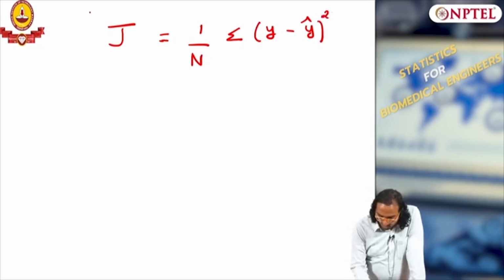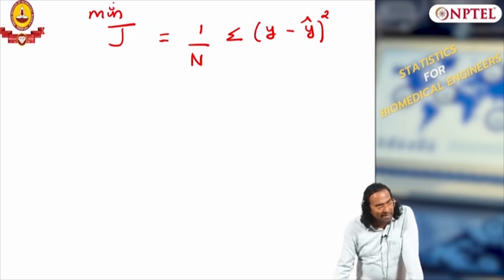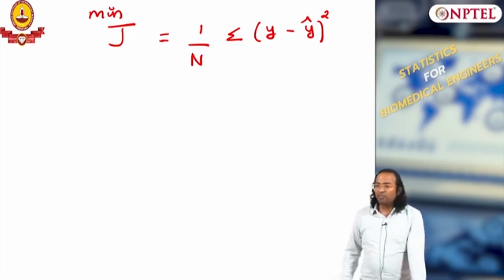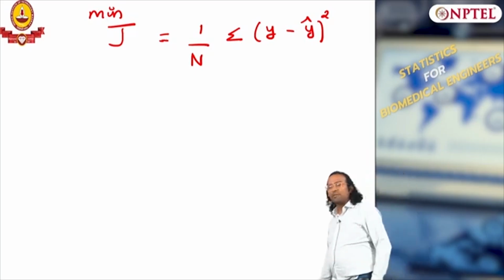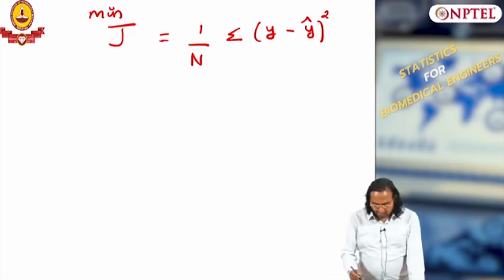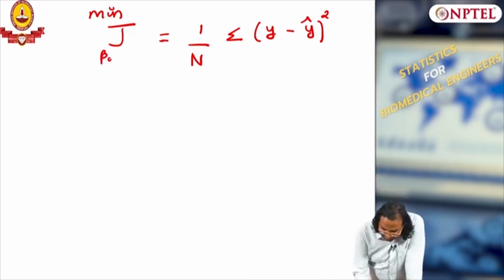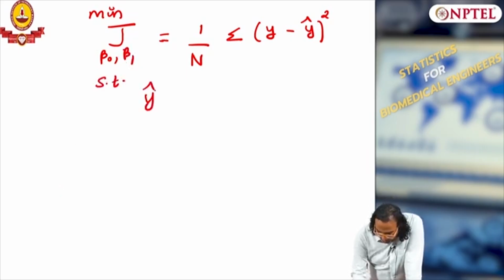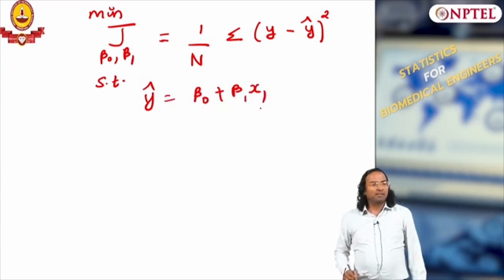So what do I want to do? Minimize this function J, which is the summation, 1 over n, summation of y minus y hat the whole square, by varying beta naught and beta 1, such that y hat is what? Clear?